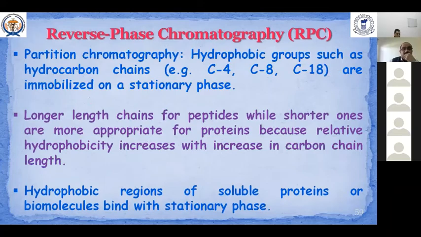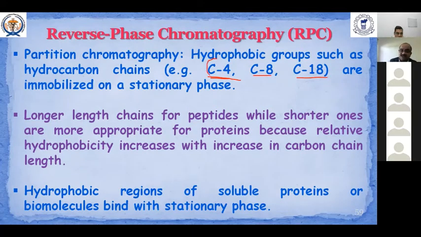So reverse phase chromatography is actually partition chromatography, in which hydrophobic groups like hydrocarbon chains are attached or immobilized on the stationary phase. And these hydrophobic chains vary in size. It may be C4, C8, or C18.